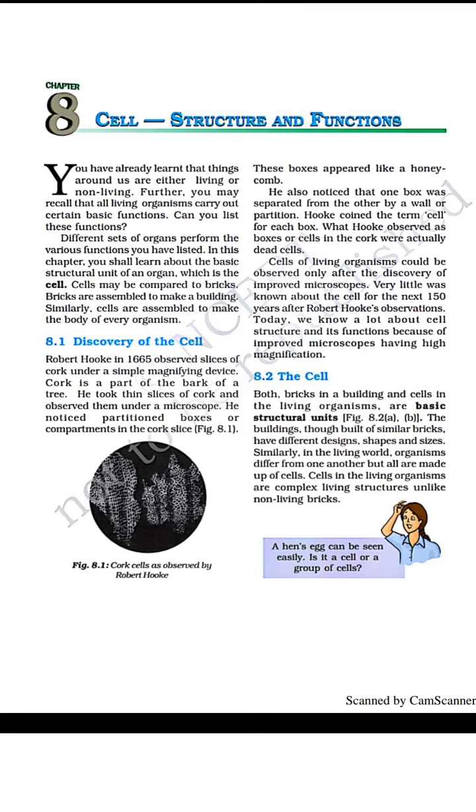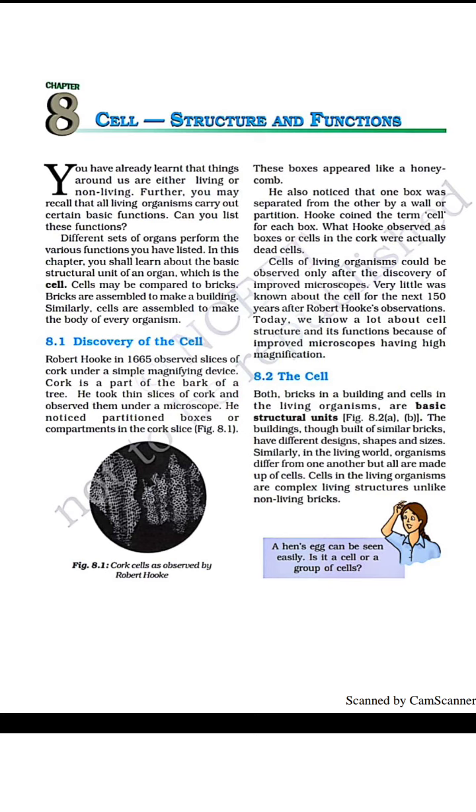Cells are also assembled to each other like bricks to make the body of every organism, right? So we can say that a cell is a basic unit of a living organism, or a basic building block, because with the help of the cell itself every organism performs its various functions.